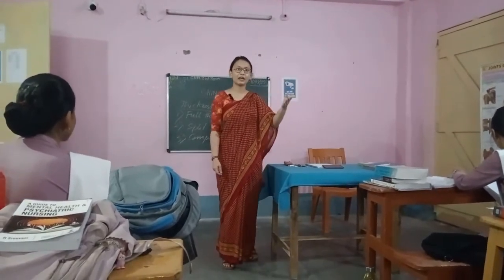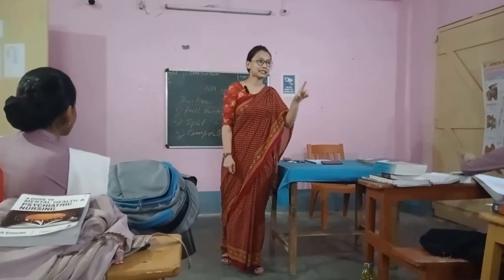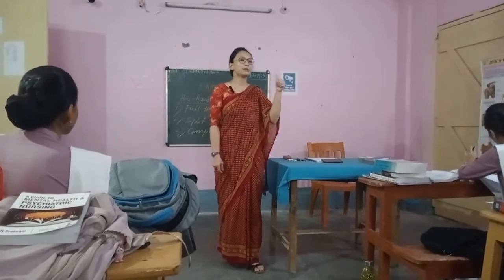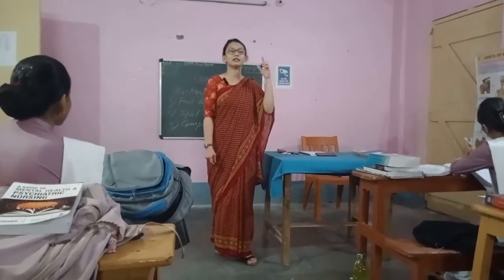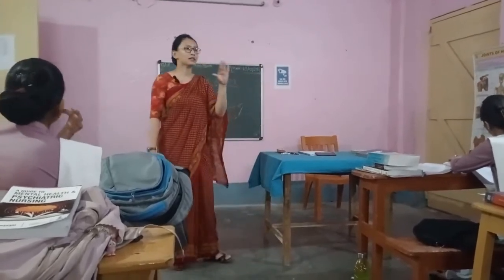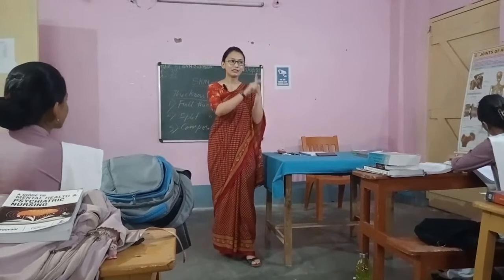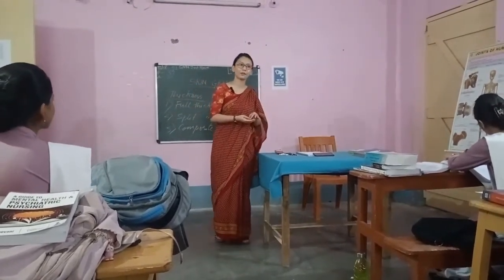First one is full thickness skin grafting. Second is split thickness skin grafting, with full epidermis and some part of dermis, and last is composite skin grafting. Skin, fat, cartilage, dermis, it is used, right?